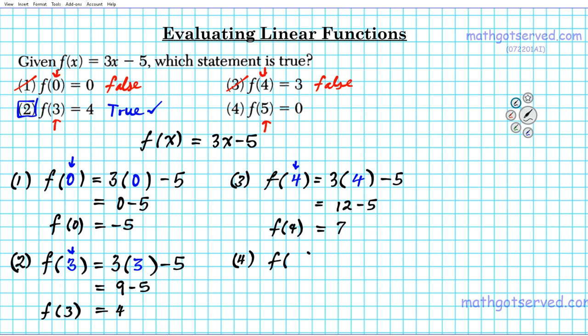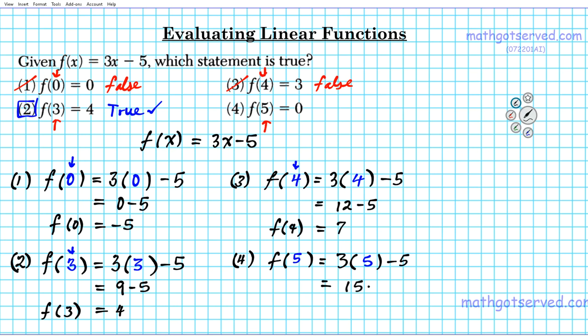Bam. Alright. Option 4. Option 4, f of 5. What is f of 5? So we just take out all the x's. Okay. And then for option 4, the input value is 5. So we're going to be plugging in 5 for the x's. Let's simplify the right side and see if we get 0. If not, that statement is false. 3 times 5 is 15. Please excuse my dear Aunt Sally.